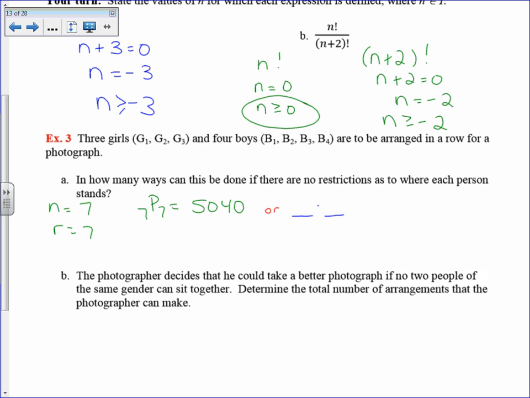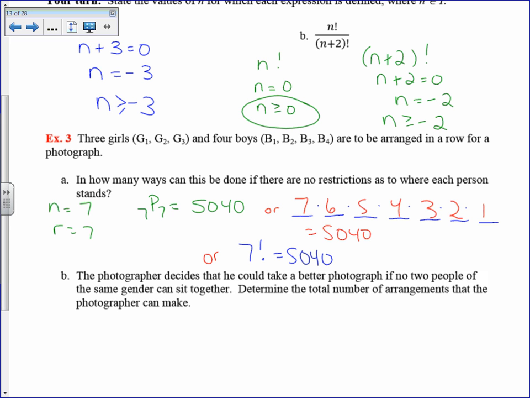So we have 7 people that we're going to arrange. So 7 times 6 times 5 times 4 times 3 times 2 times 1. Multiply those out manually, and that's 5,040. Or 7 factorial. So 3 different ways of answering that question when there's no restrictions whatsoever.